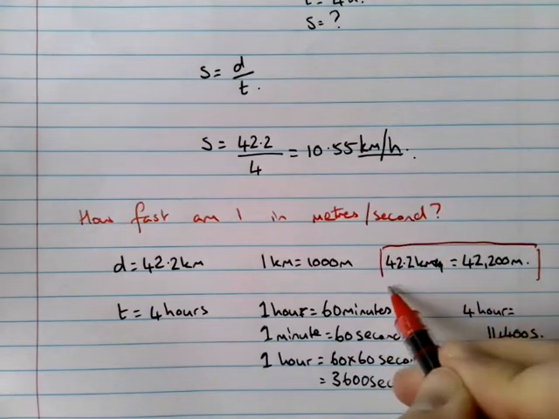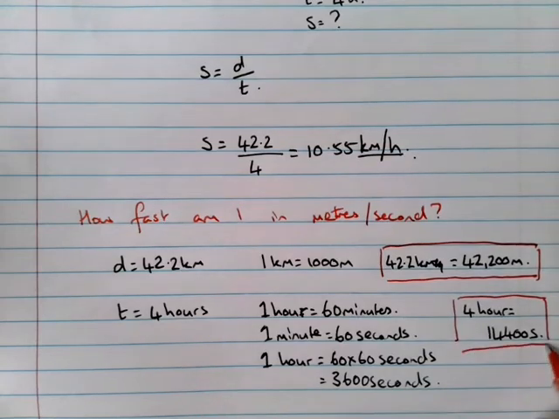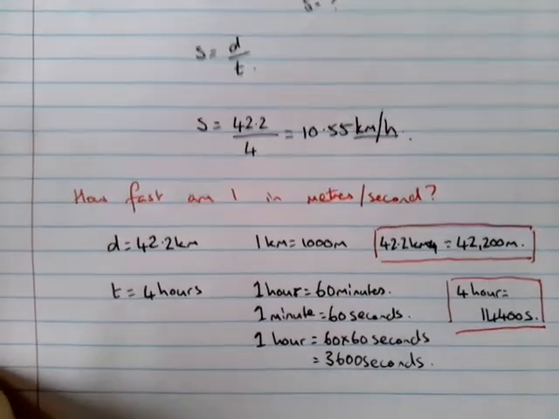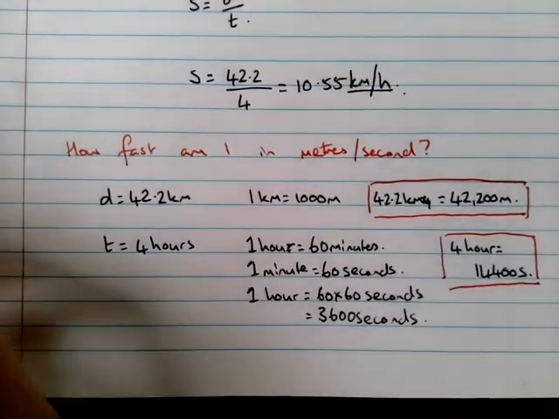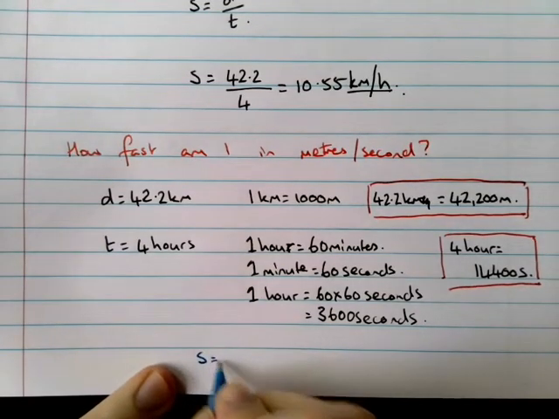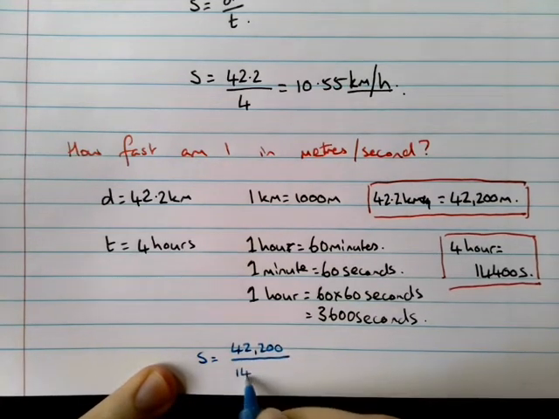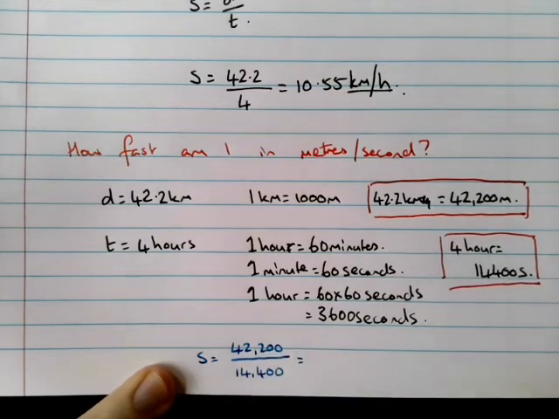Okay, so now I've got my distance in meters, I've got my time in seconds, so I can do the calculation again, and it will be speed equals 42,200 divided by 14,400.